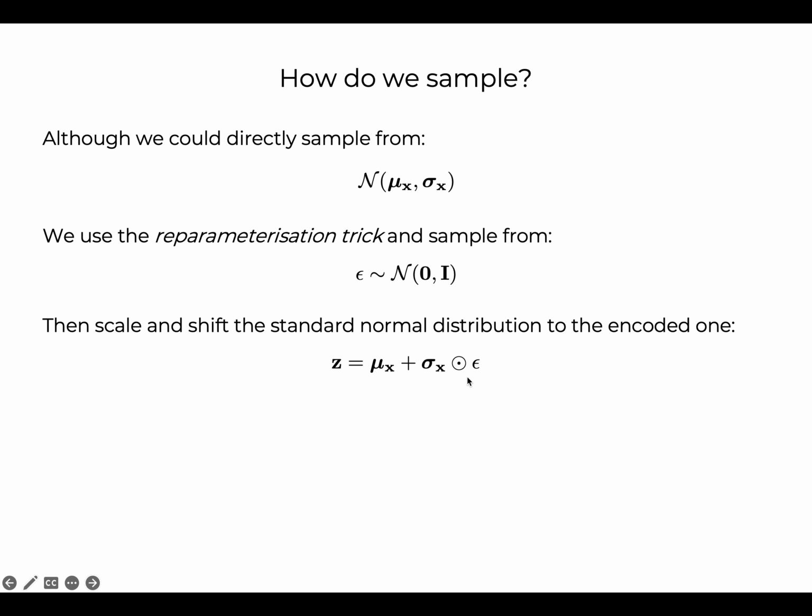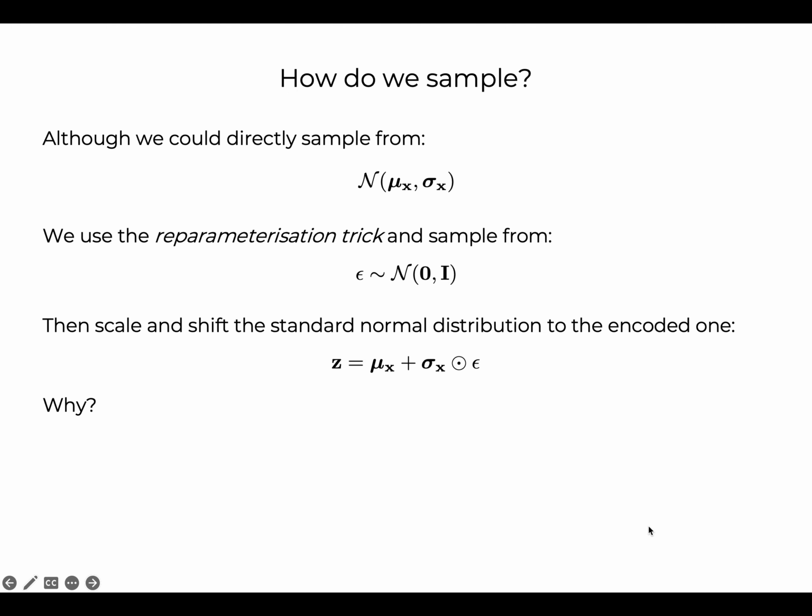In other words, all we have to do is scale epsilon by these standard deviations, which is just element-wise multiplication between these two vectors, and add on the mean. And that gives us our z, drawn from this original distribution but via the standard normal distribution.